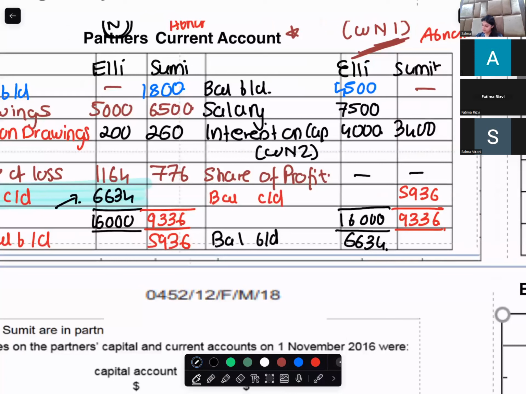Let's check. 16,000 minus 5,200 minus 1,164. This is 9,636.